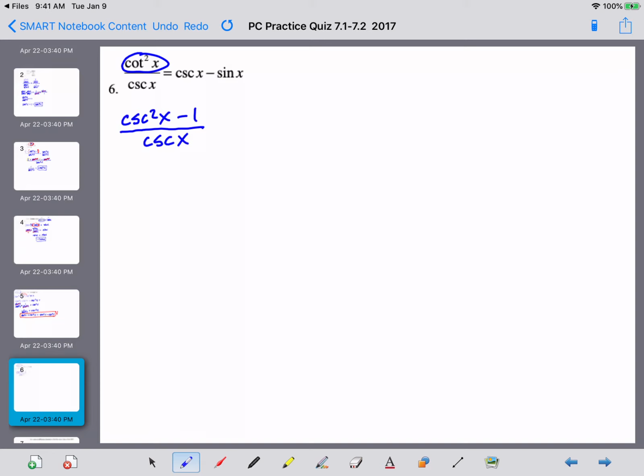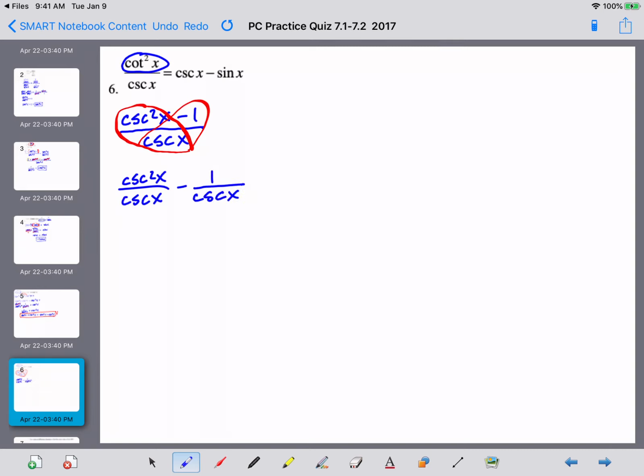All right, so since in this case we have a fraction, we're going to do a love connection here and split this up. So we're going to make this 2 separate fractions. We got cosecant squared x over cosecant x minus 1 over cosecant x.